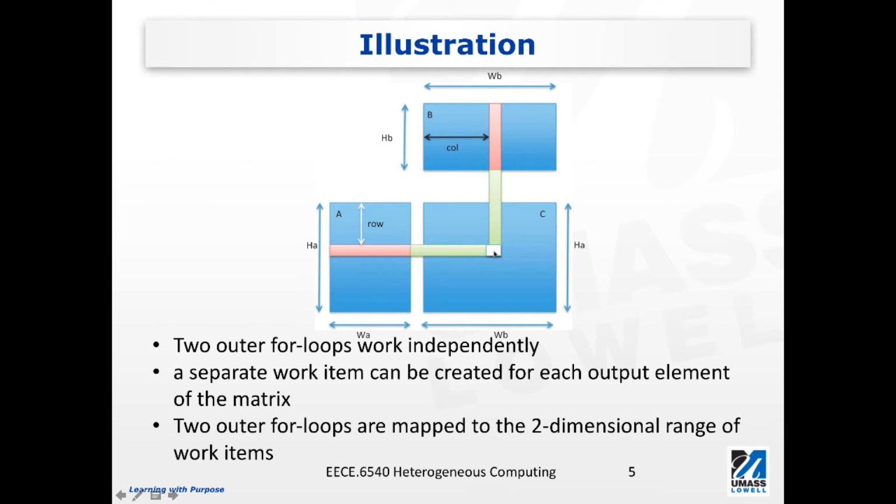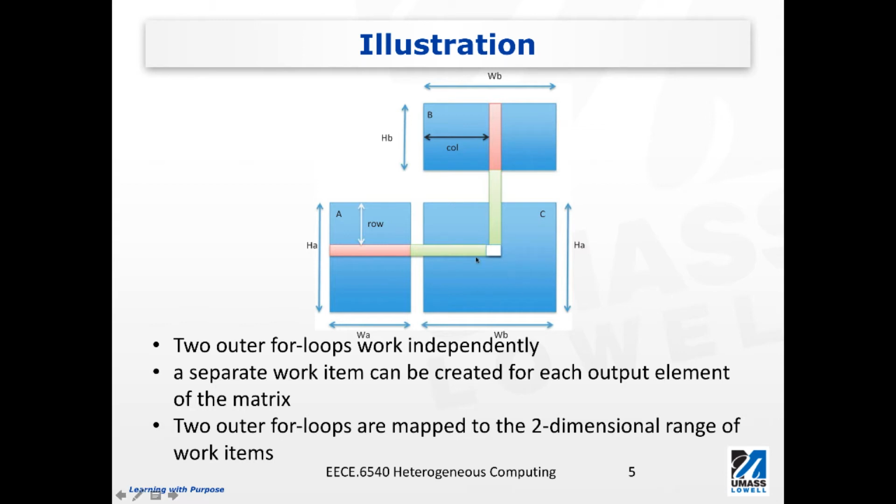So essentially, we can go over every single row and every single column of the resulting matrix C, and it doesn't really matter how we do that. We can go through the rows in a random fashion, or the columns in a random fashion. It doesn't really matter.